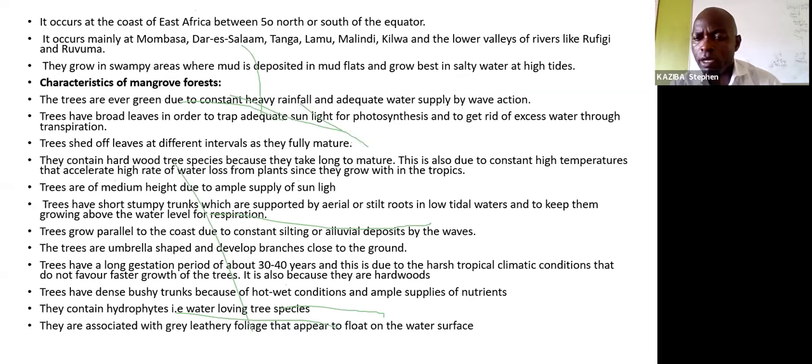Even if they say account for the growth and distribution of tropical rainforest, before you explain the factors, talk about the characteristics. At the end of every characteristic, please attach a reason. Then when you're done with the characteristics, write a statement to show that you're now going for the factors.